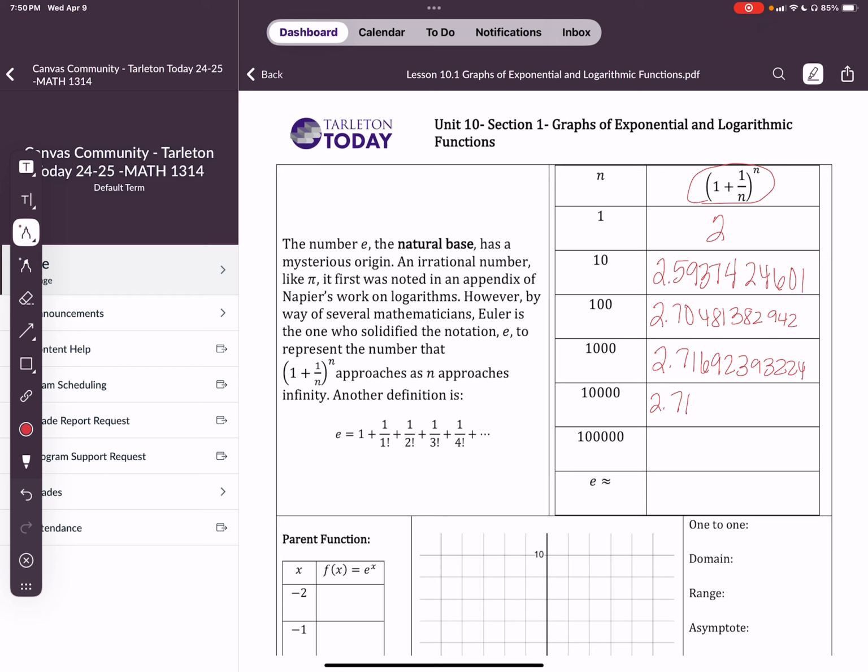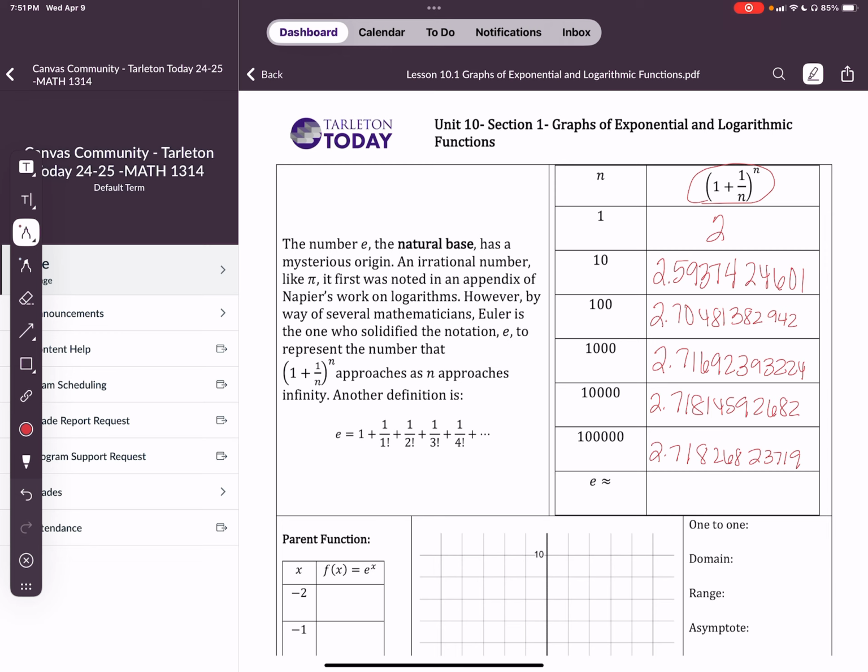If I was to plug in the n value, or the x value, if you will, what would I get? Okay, 2.71826 823719.